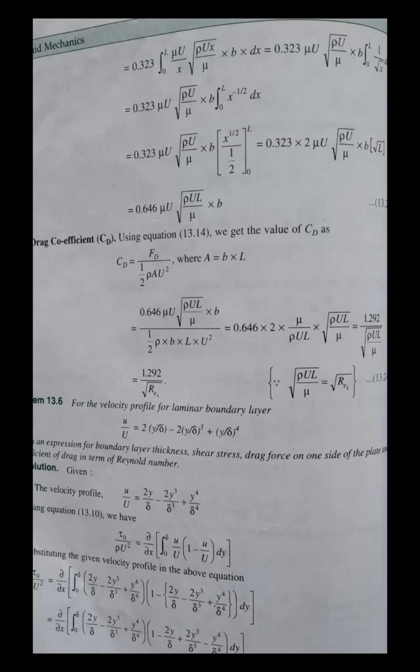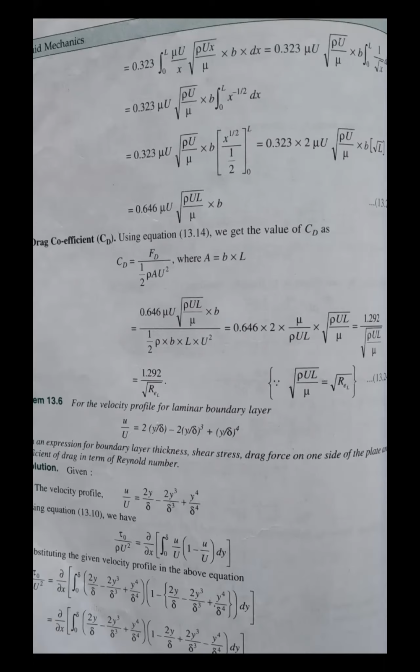And that is how we will get. And here, more care is required to condense, to reduce the equation, and high care is required, where REL is equal to rho UL by mu, the Reynolds number value.